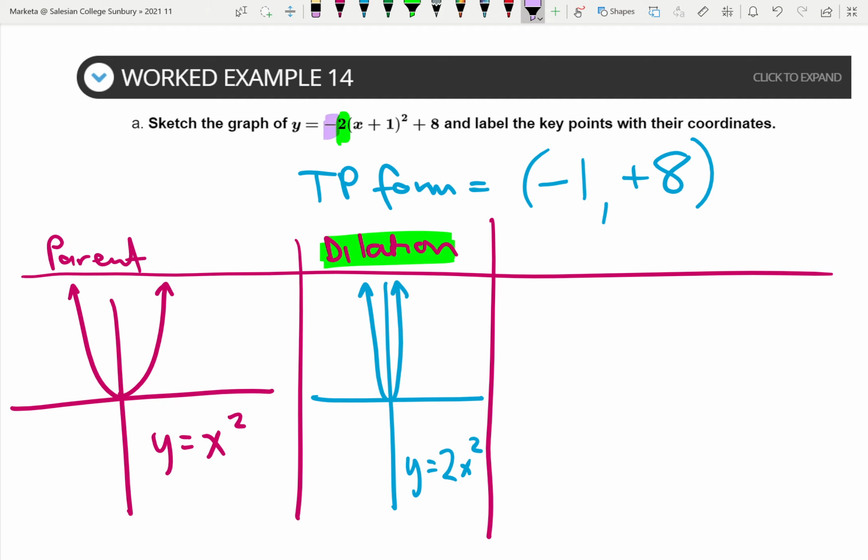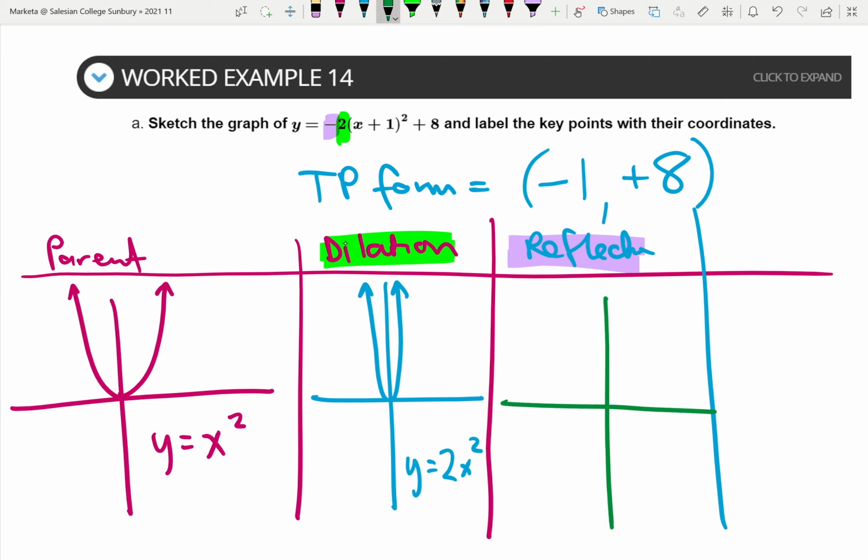The next thing I'll do is the reflection, and the reflection is represented by the negative there, and like we saw in the first example, that's going to turn it upside down. We're taking that skinnier graph there and turning it upside down, and that's going to create y equals negative 2x squared. So we're getting there. We've got negative 2x squared.